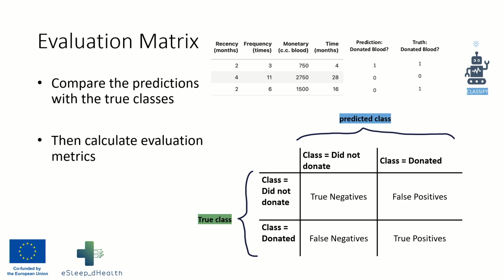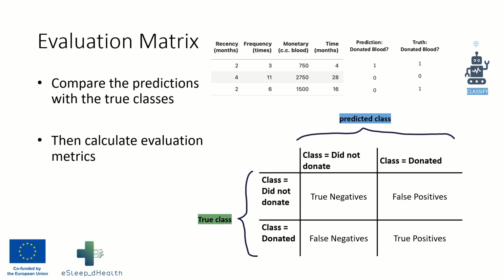And what we're doing now is comparing the predicted label and the truth label. And what is very helpful to do this is putting all of this in a table. So a 2x2 table, and the columns indicate the predicted class and the rows indicate the true class. Based on this table, we calculate evaluation metrics afterwards.